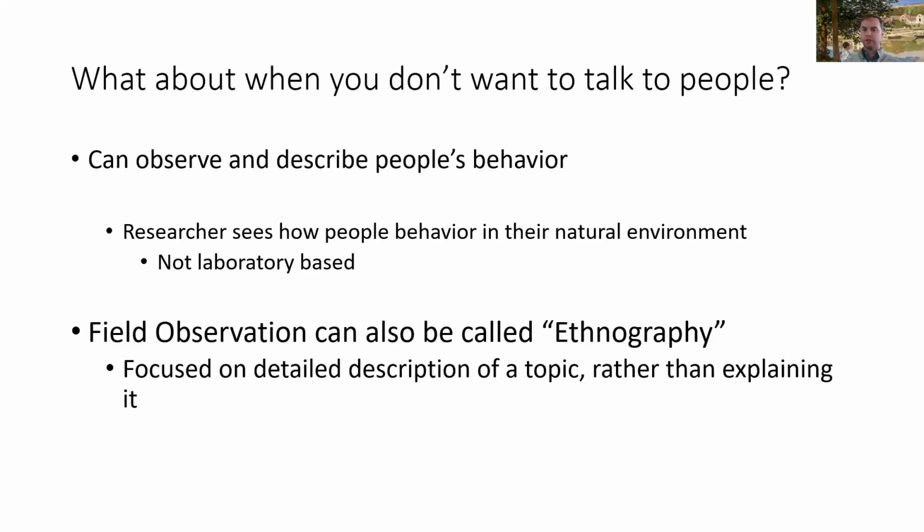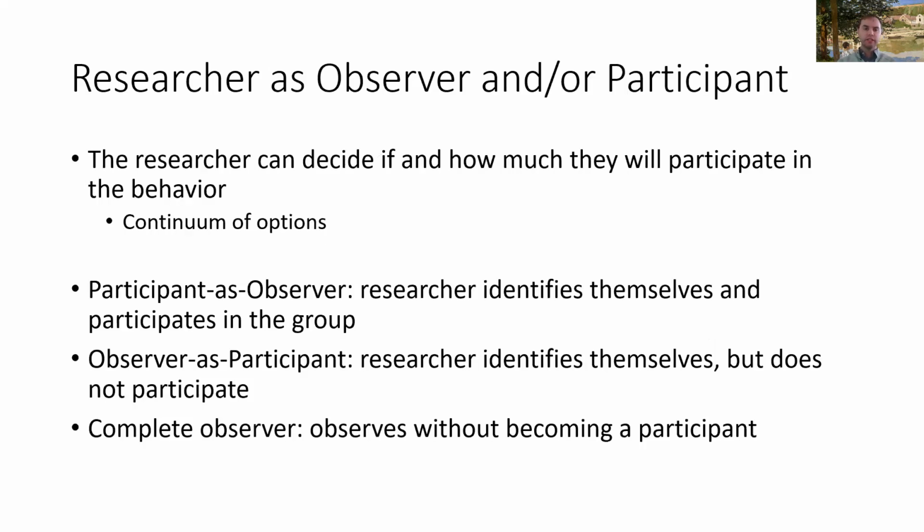So when we're looking at exactly how this process is conducted, the first step is the researcher has to decide if they can participate in a behavior or an environment, or how much they can participate. And this is basically a continuum of options. There's always going to be some wiggle room here, but we're going to start at one end of the continuum and move all the way to the other.